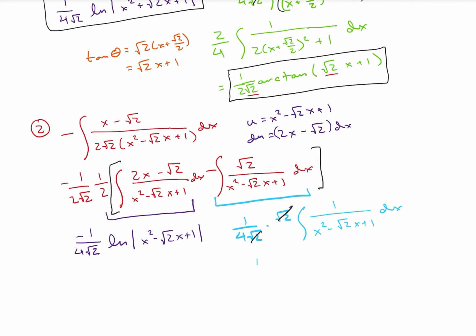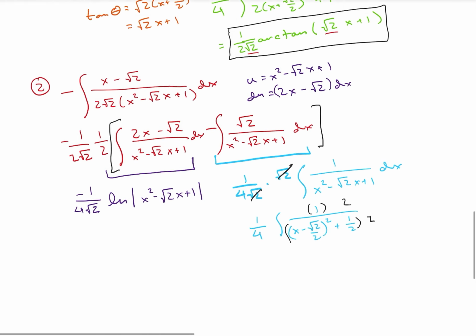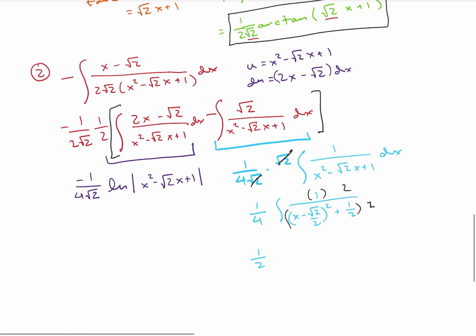So once again, we're going to have 1 over 4 times the integral of 1 over (x minus root 2 over 2) squared, this time plus 1/2 again. Multiply the top and bottom by 2. And I'm going to get 1/2 the integral of 1 over (2x minus root 2 over 2) squared plus 1 dx.